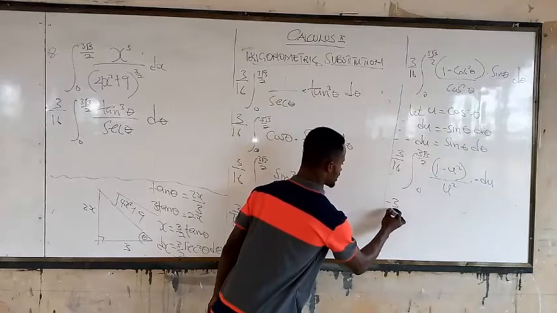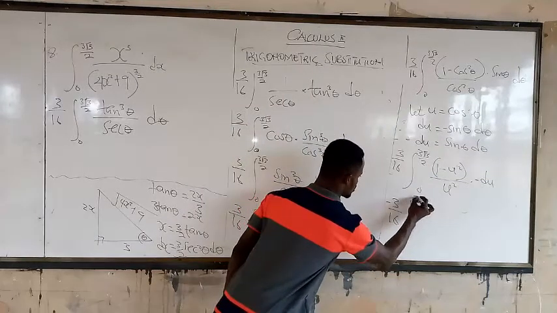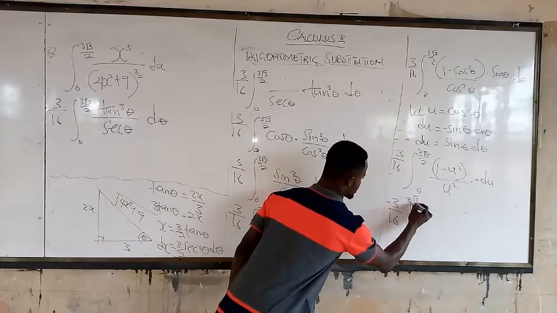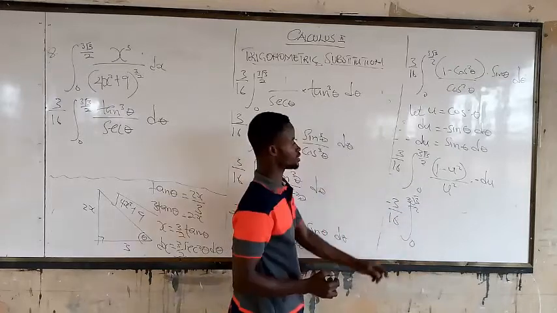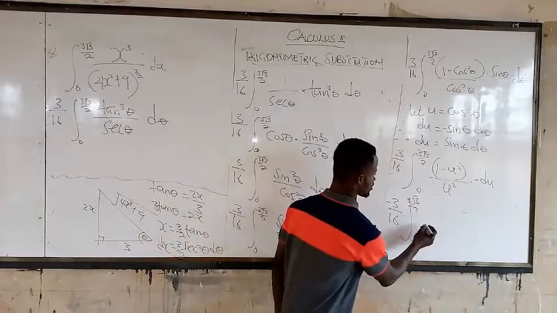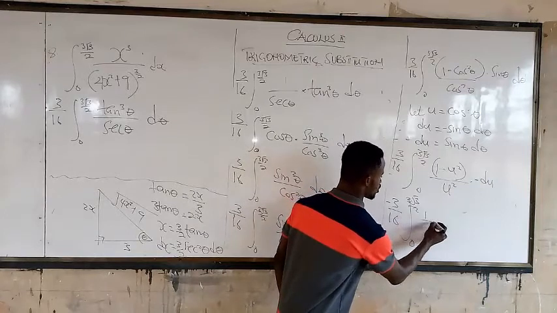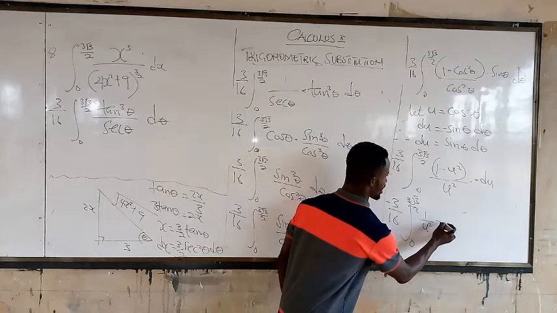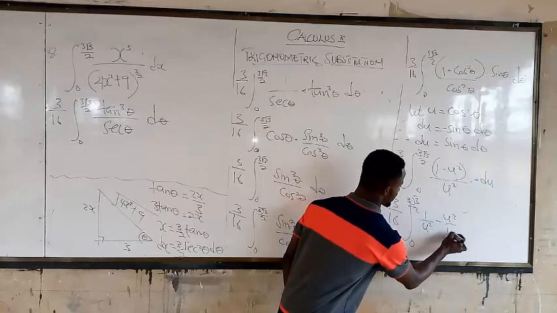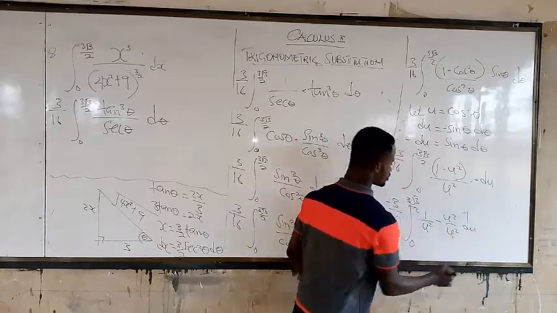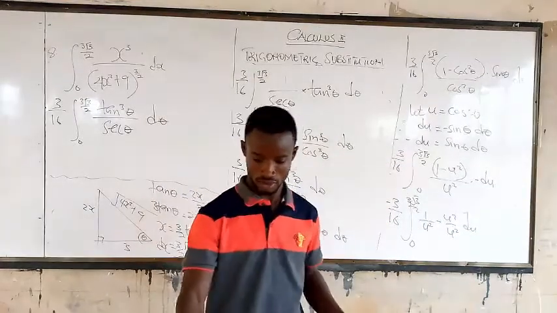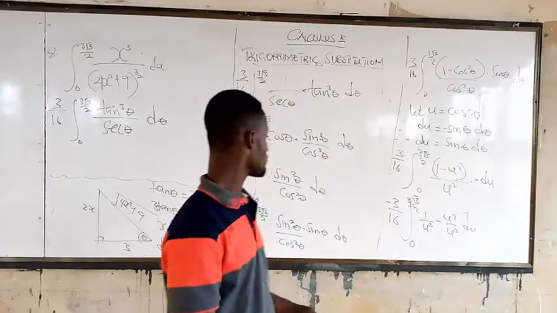So negative 3 over 16. Keep bringing it down. And here we are going to get 1 over u squared minus u squared over u squared du. Oh, we are getting something nicer.